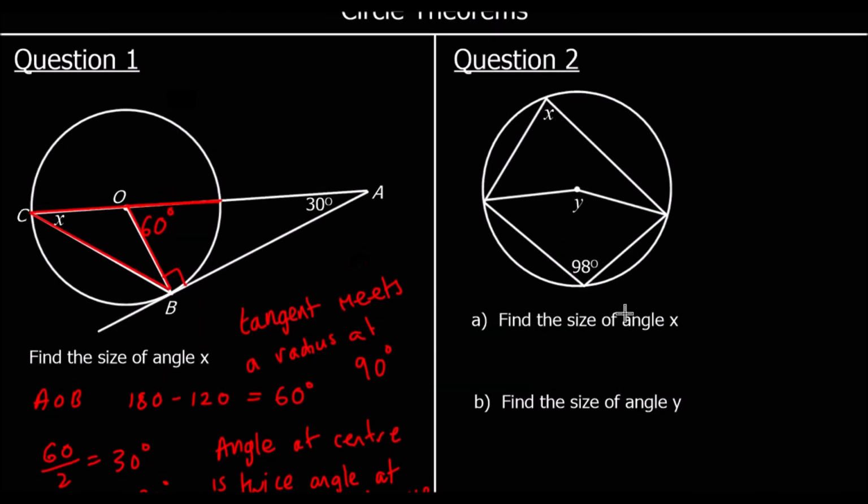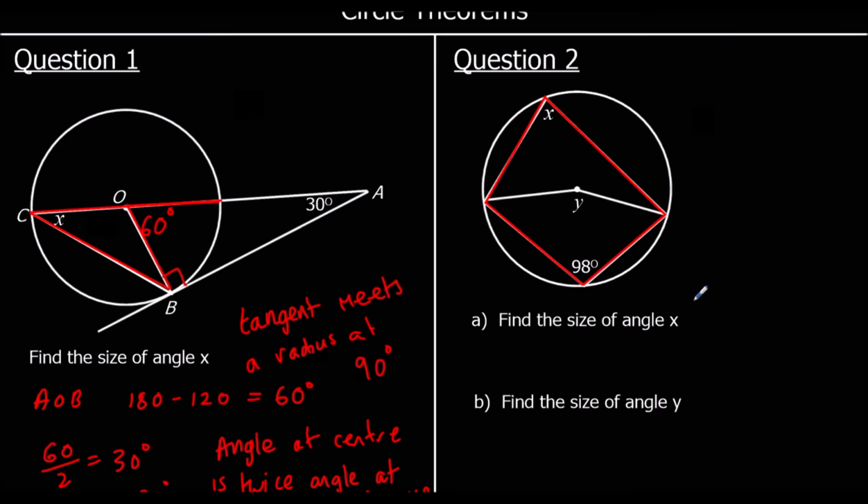Question 2. Work out the size of angle x. So angle x, you can see we've got a cyclic quadrilateral, a 4-sided shape inside a circle.